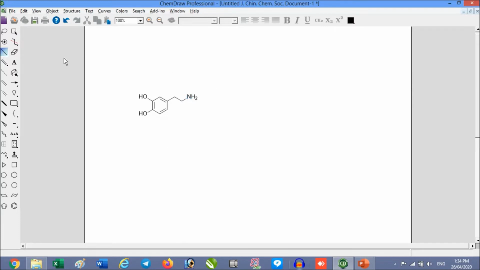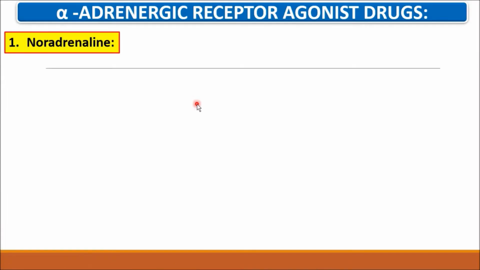This is called catechol ethylamine. Now here we have an OH group, and at the bottom side we have the hydrogen. This is called norepinephrine or noradrenaline.